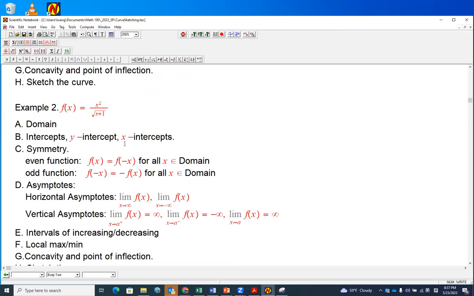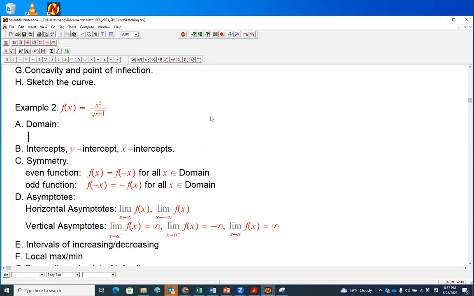There we go. Domain. Determine the domain. We need to guarantee the denominator is not 0. And we also need to guarantee when we take a square root, the number we take the square root of must not be negative. So these two combined, x plus 1 has to be larger than 0.